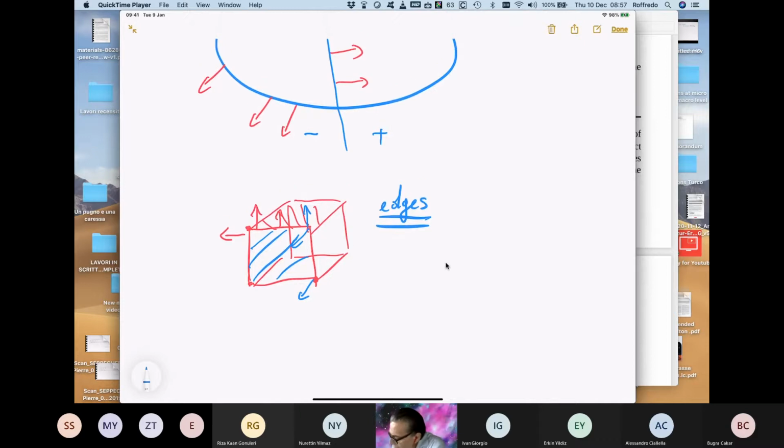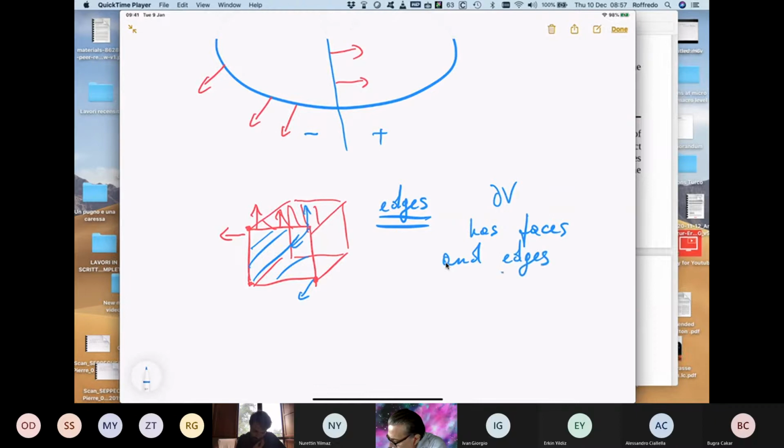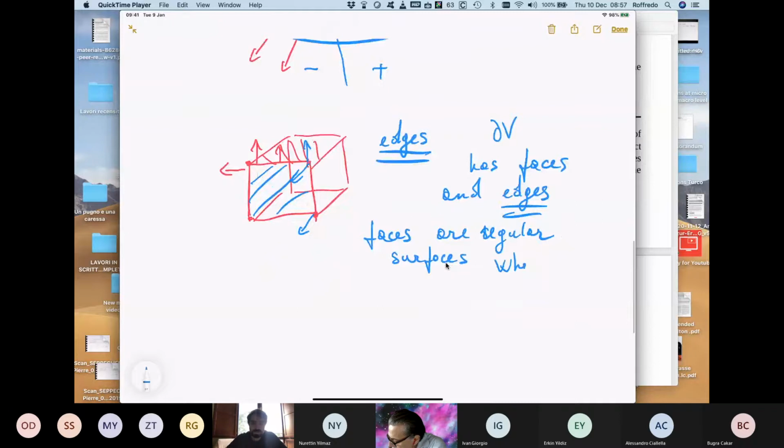So in a sense, the boundary of V has faces and edges. Faces are regular surfaces where the normal is defined.